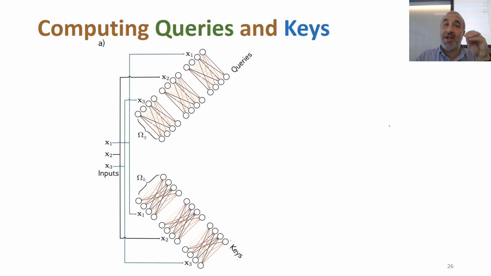Remember that we generated values from the inputs, right? We will also generate queries and keys in a very similar way using a weight matrix, but a weight matrix that is specific to the queries and a third weight matrix that is specific to the keys.